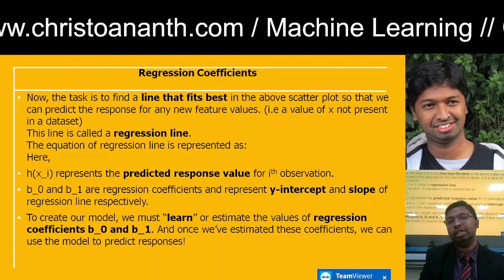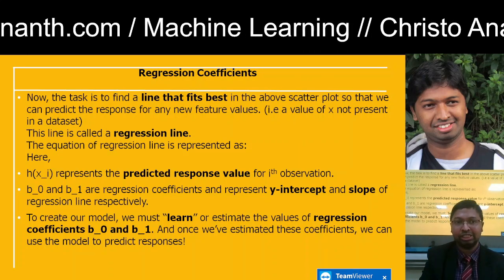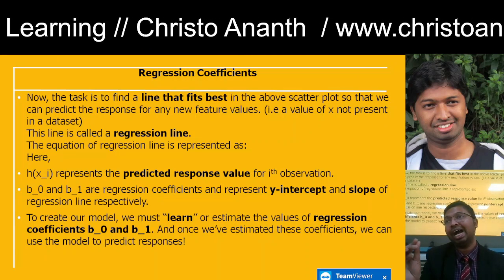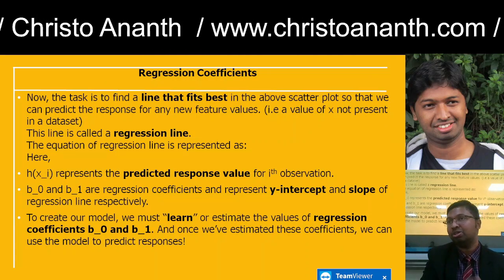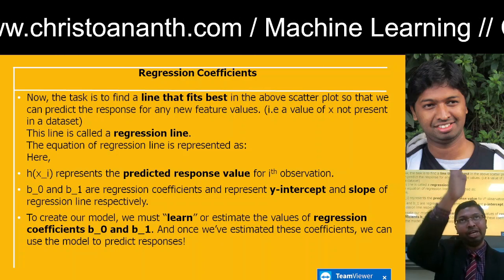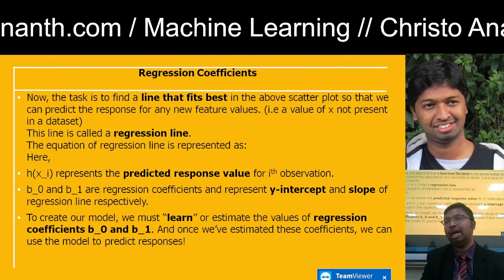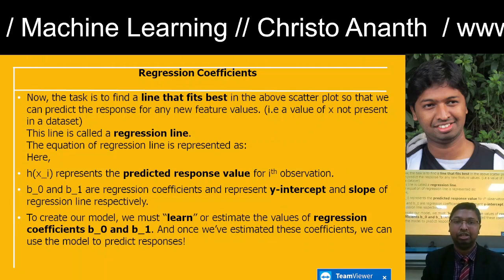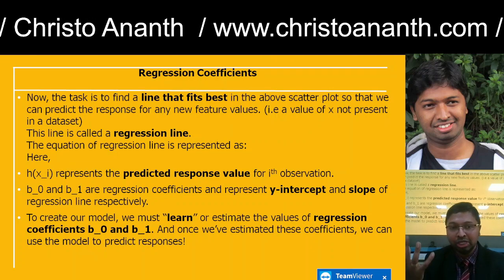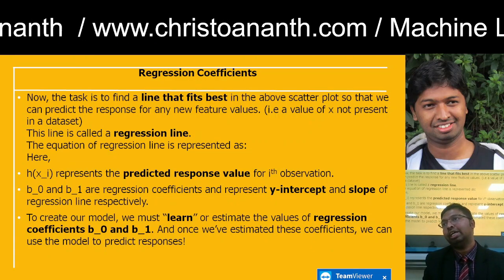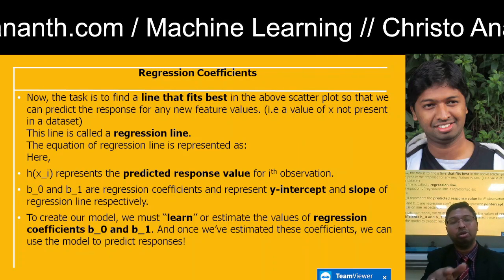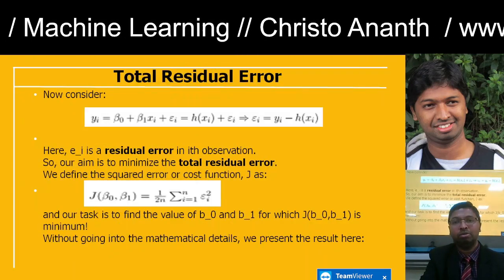The regression line has h(xi), which is the predicted response value for the ith observation, and b0 and b1 are the regression coefficients, the y-intercept and the slope of the regression line. In order to create the model, we should first learn the model. You should train the model to estimate the regression coefficients b0 and b1, and once you have estimated them, we can use the model to predict the responses.